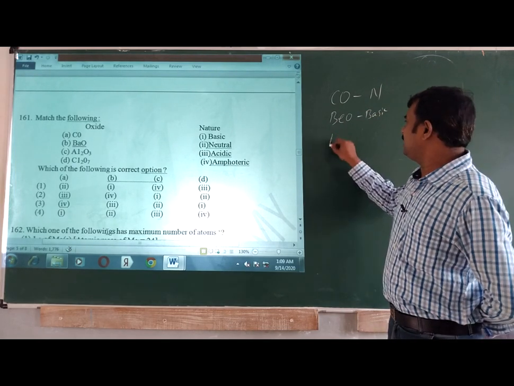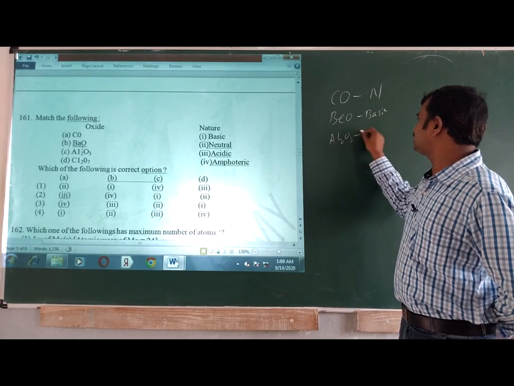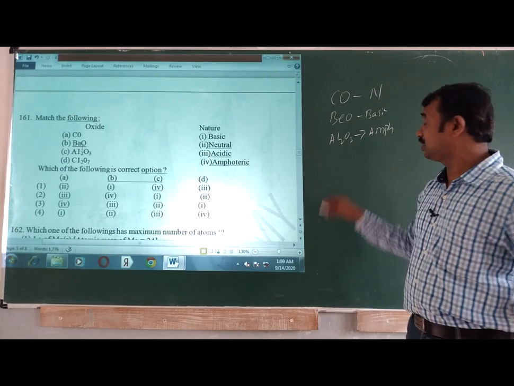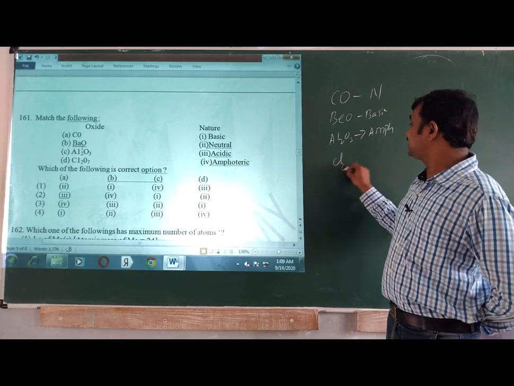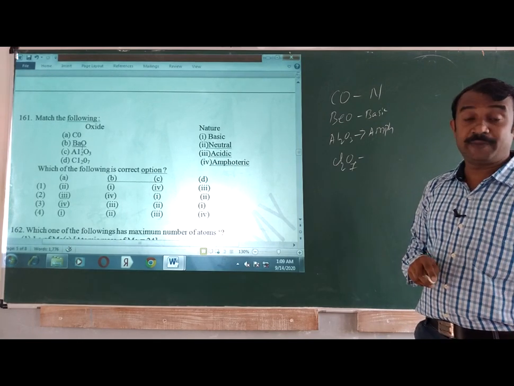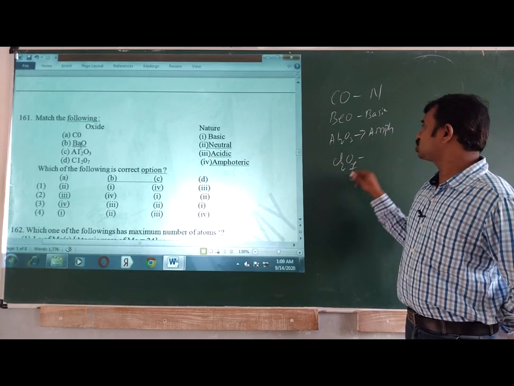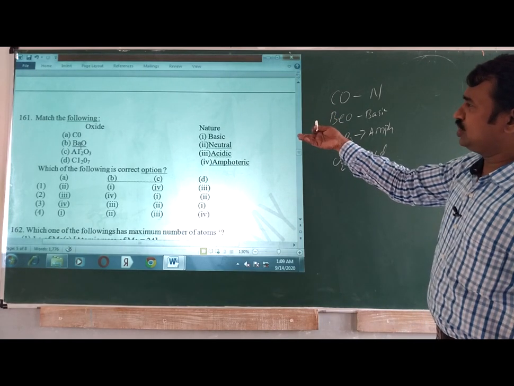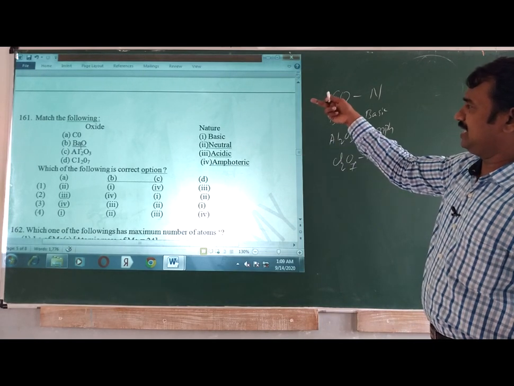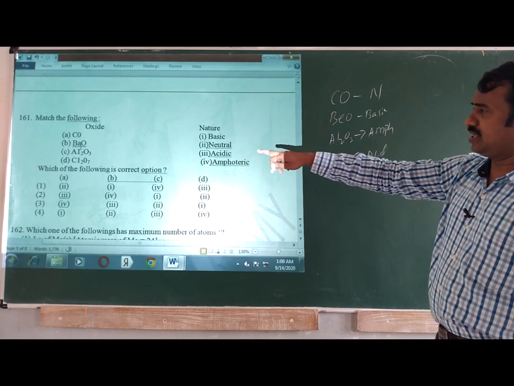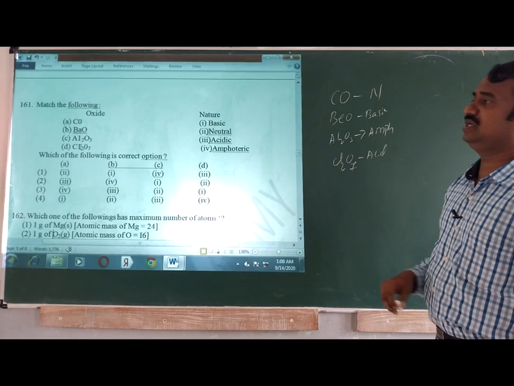Third, aluminium oxide is both acidic and basic, called amphoteric. Cl2O7, the anhydride of perchloric acid, is a strong acid.